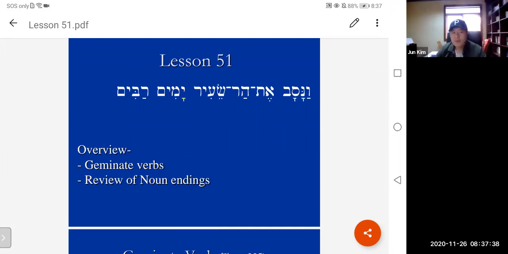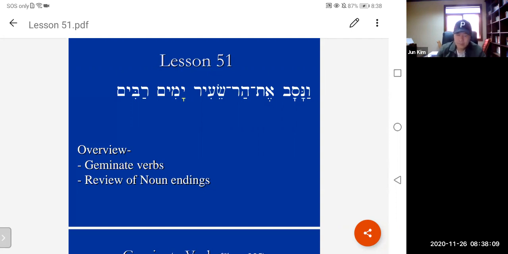Okay, so today we are going to talk about geminate verbs. We haven't really talked about this specific weak verb. But what do we mean by geminate verbs? If you look at your verb chart, geminate verbs refer to the verbs that have two identical root letters.